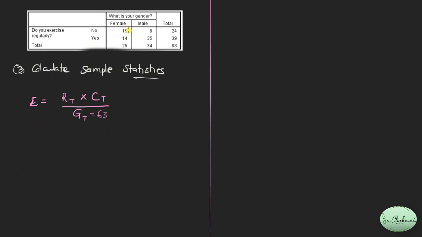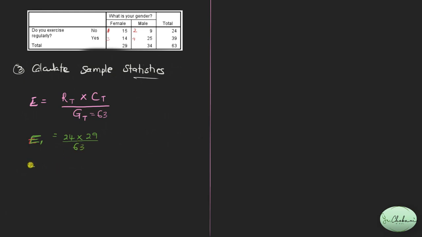We'll call this cell 1, just for the sake of orientation. This is cell number 2, this is cell number 3, and this is cell number 4. The expected value for cell number 1 is the row total for that cell, which is 24, times the column total for that cell, which is 29, divided by the grand total, which is 63.